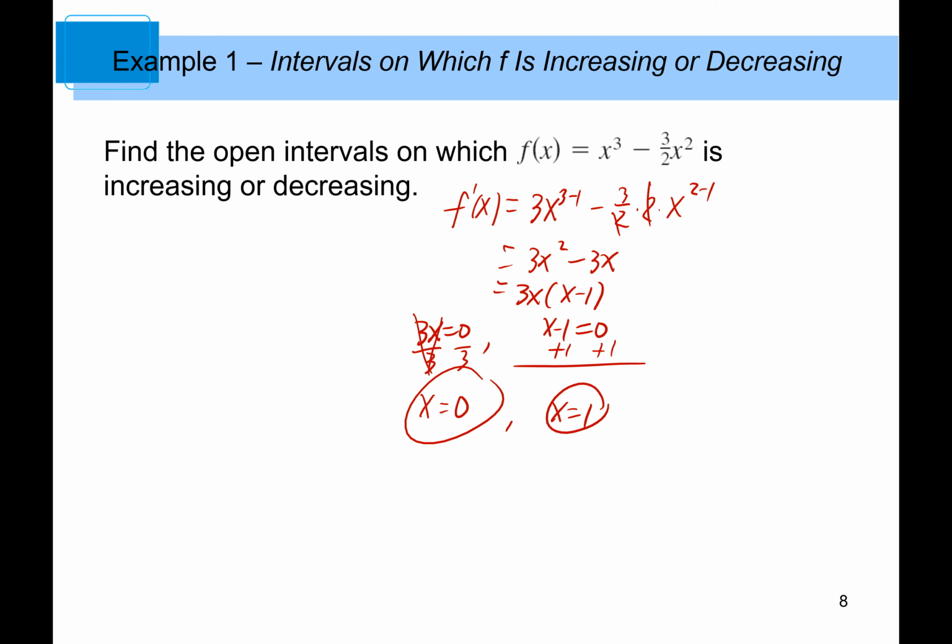So basically we have two critical numbers. And now if you look at it, with these two critical numbers, we separate the domain. The domain for any polynomial function is from negative infinity to positive infinity. So these two numbers, 0 and 1, separate the domain into three different sub-intervals.